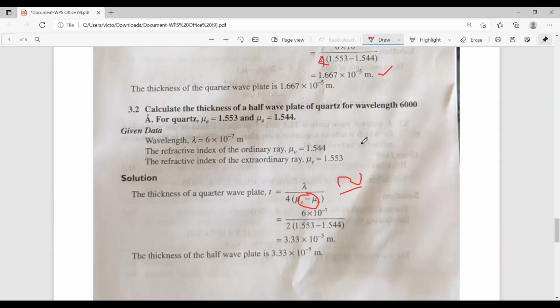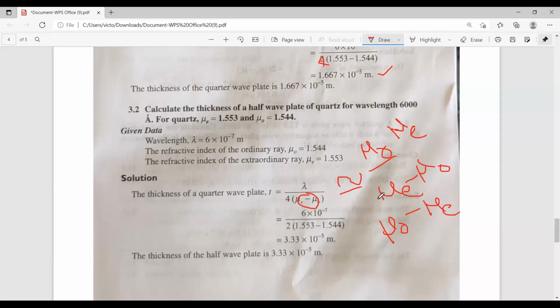Why? Because based on the values of mu naught and mu E, if mu E is greater than mu O, then write the formula mu E minus mu O here. That is, the expression is lambda by 4 into mu E minus mu O. If in case mu O is greater than mu E, now this formula is changed to mu O minus mu E. Why?